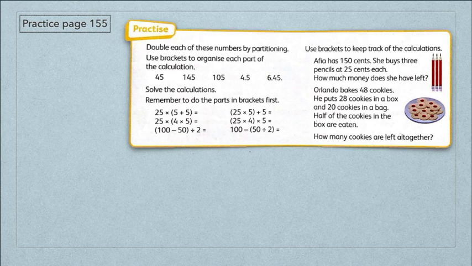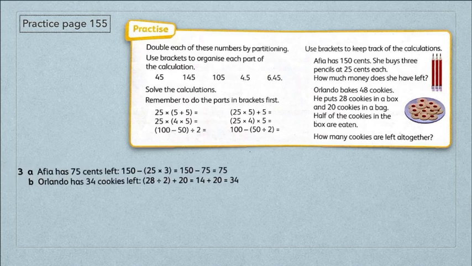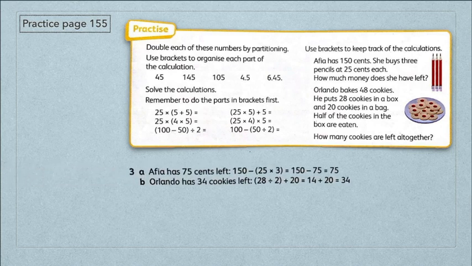How you're going to write it mathematically is going to be by using brackets. Therefore, we're going to have 150 minus, open bracket, 25 times 3, and close it. So 25 times 3 is going to make 75. So 150 minus 75 is going to give us 75 cents.